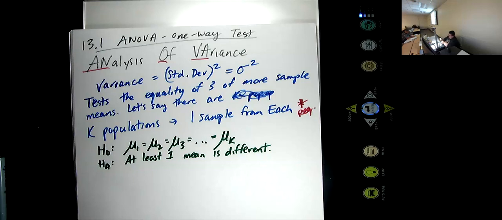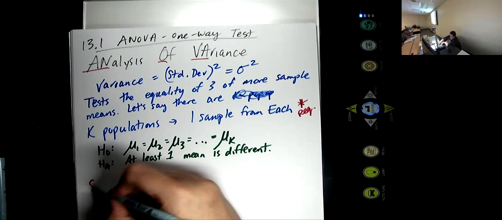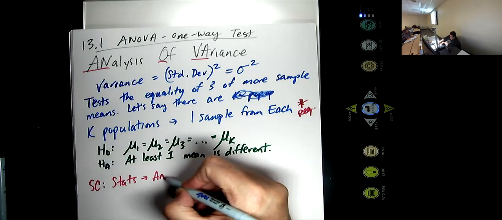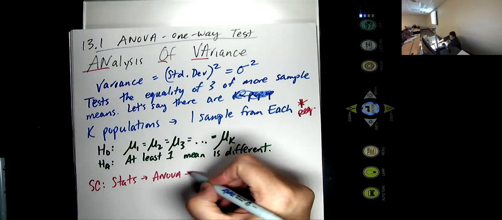Okay. How do we get to it? What do we do? StatCrunch. You're going to go stats, ANOVA, one way.